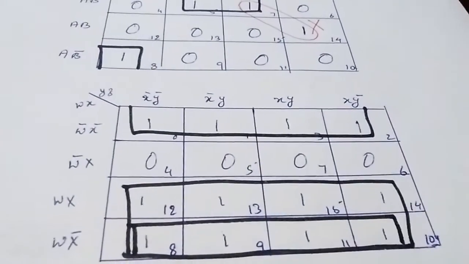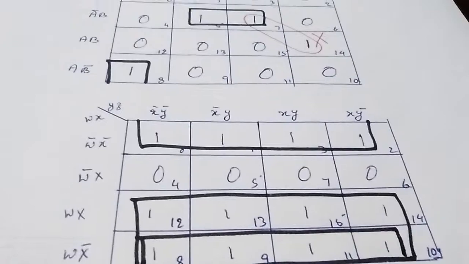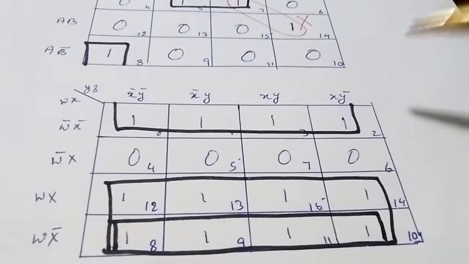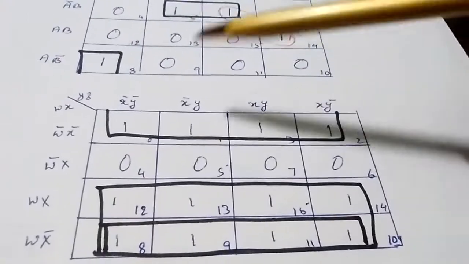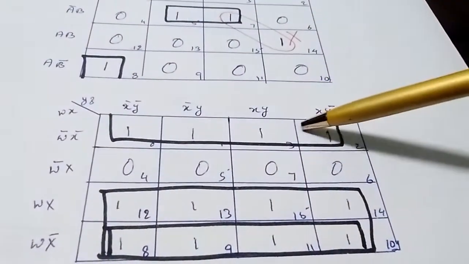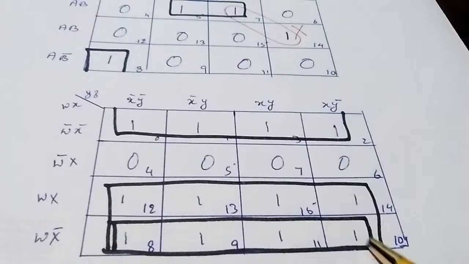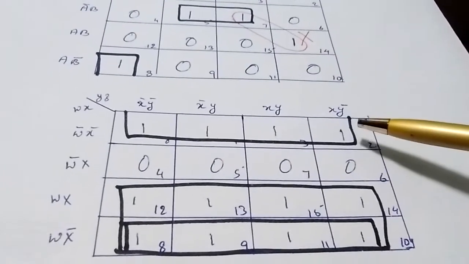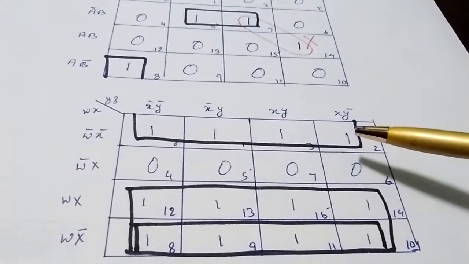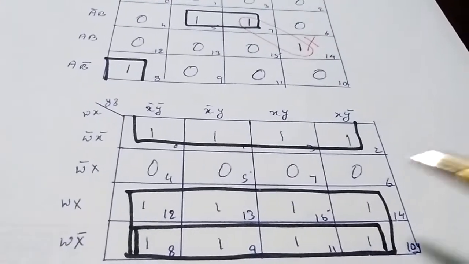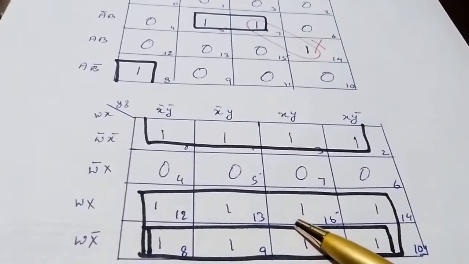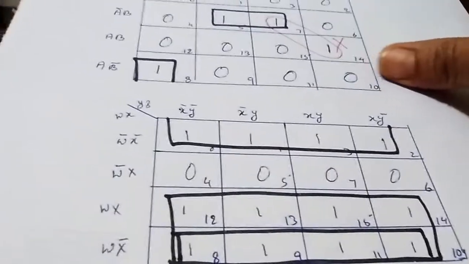Not overlapping, we can say it is the roll mapping technique, where this edge and this edge are combined together. So these ones and these ones combining together will form another octet. So there are 2 octets in this Karnaugh map.